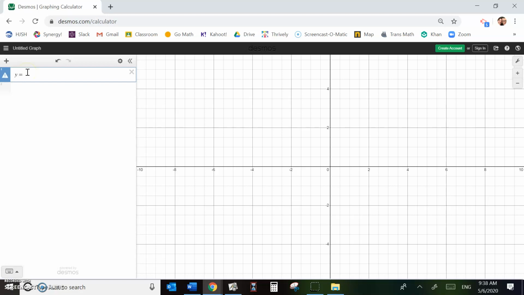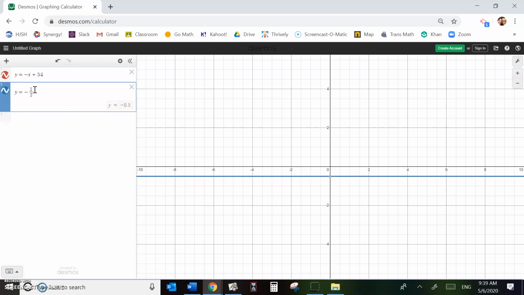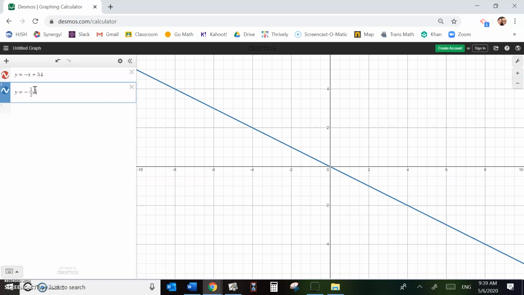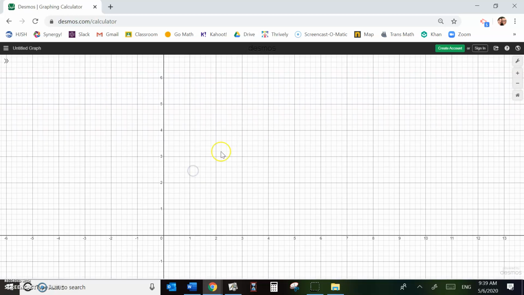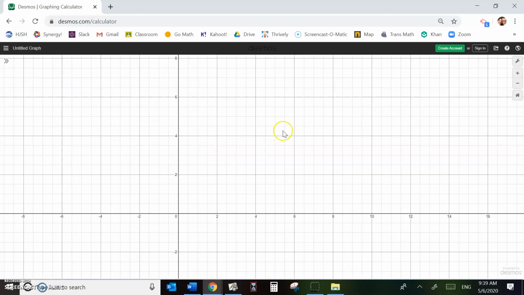So we had y equals negative x plus 54, and we also had y equals negative 1/2 x plus 33.5. So I put in the equations in slope-intercept form, and then zoom out on your graph.